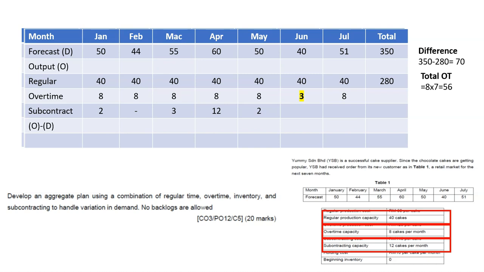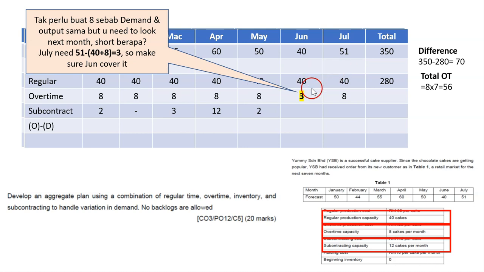But sometimes we have to look at the month of July first. You cannot decide to leave the overtime at zero, because you have to check here first. Here we are short of 3, because we have 48 and the demand is 51.